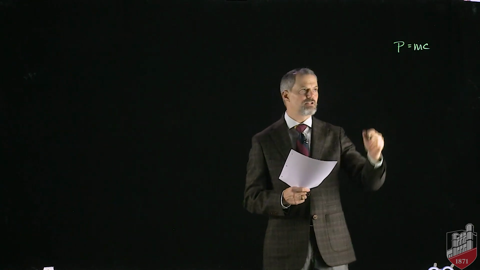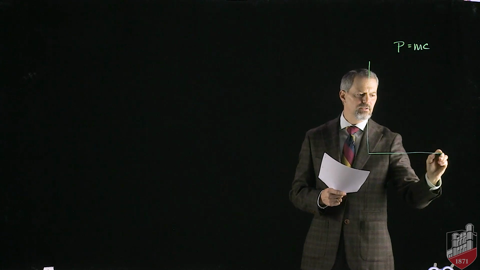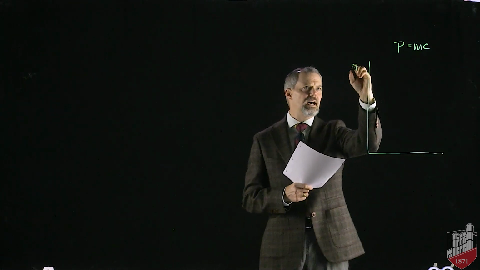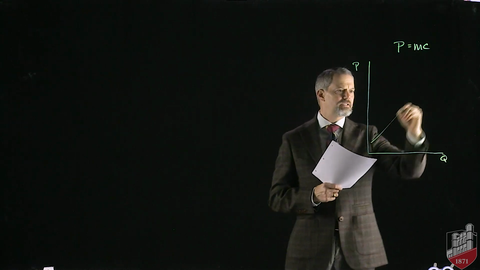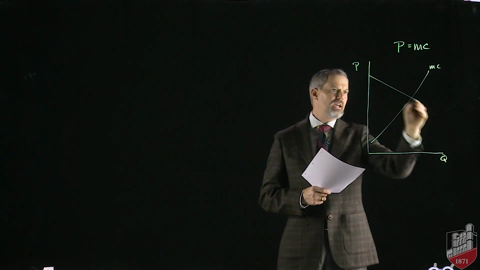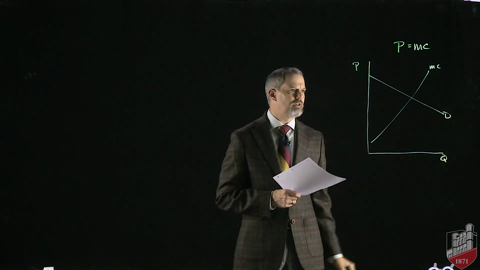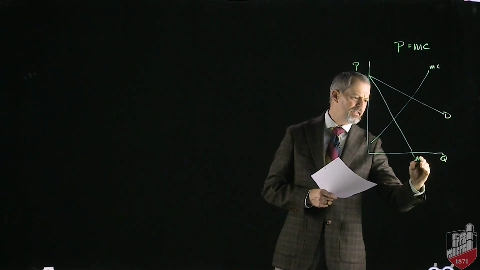So a perfectly competitive firm charges a price equal to its marginal cost. A monopoly is able to charge a price above its marginal cost. So if we think back to the picture of monopoly that you've seen many times, we've got a marginal cost curve, the market demand curve, and then the marginal revenue curve that looks something like that.